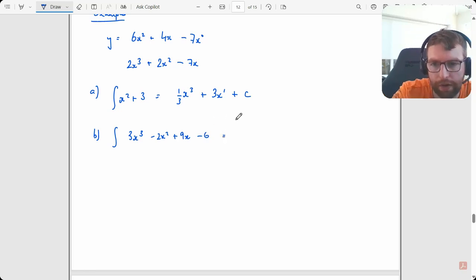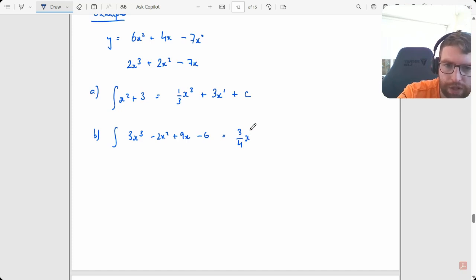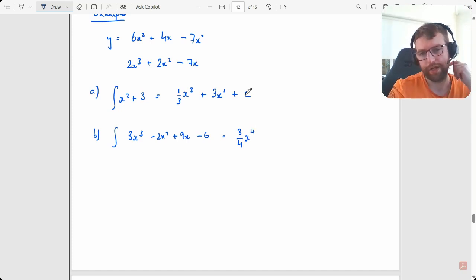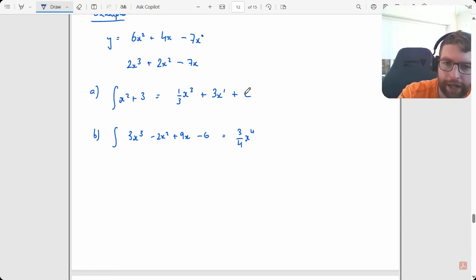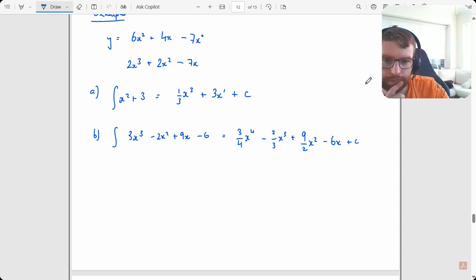And then you integrate those. So add 1 to the power. It's for the 3, so add 1 to the power, and then you divide by the 4. You add 1 to the power and divide by the 3, so 2/3 x cubed plus 9 over 2 x squared, and then minus 6x. Of course, add the plus c as well. Okay, so it's just adding those powers and then dividing.